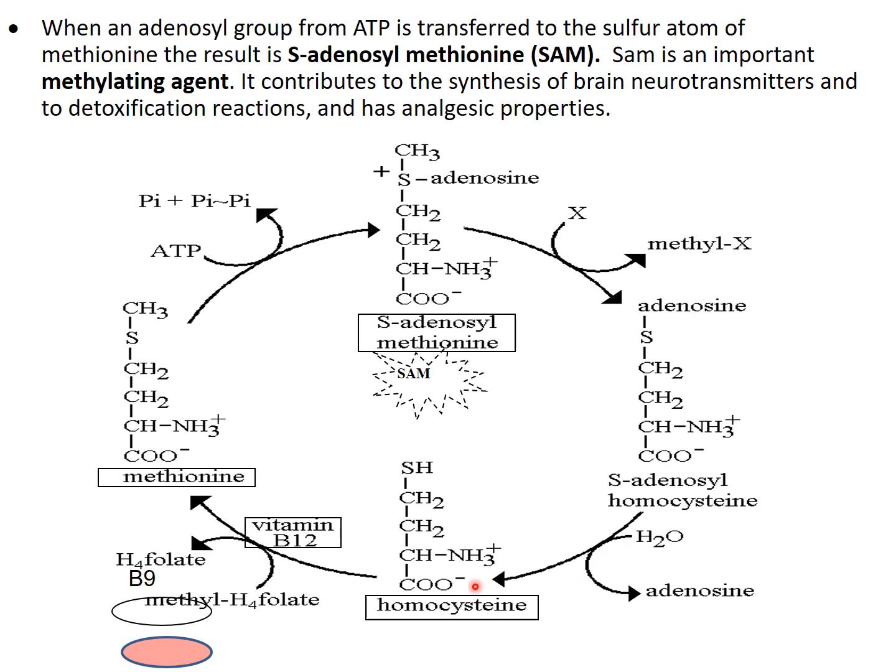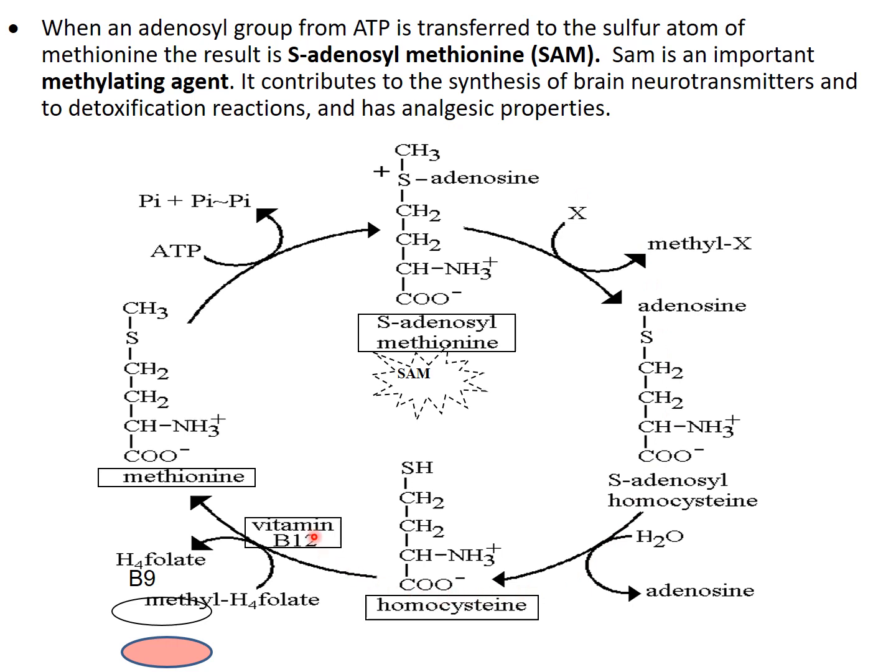I will talk about the problem of homocysteine accumulating in a second. Please remember that for this cycle to work and not hurt the cells and tissues, this homocysteine needs to be eliminated right away.